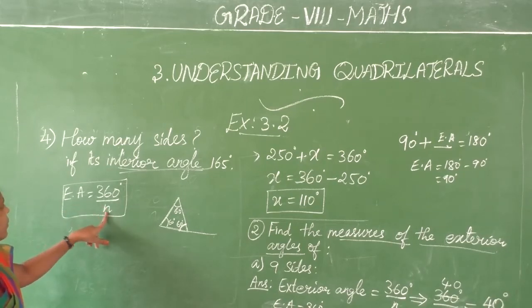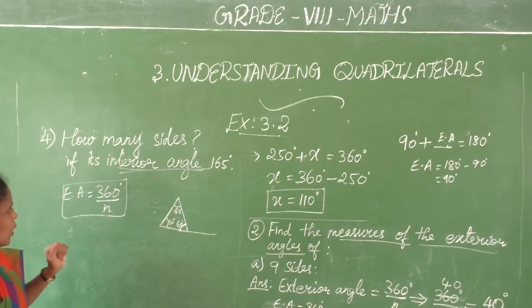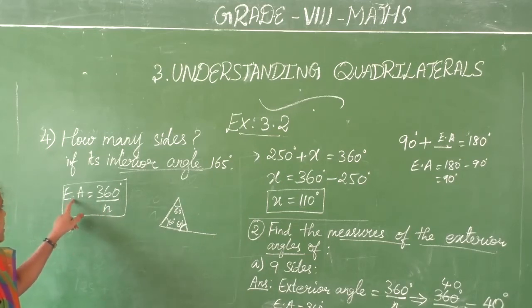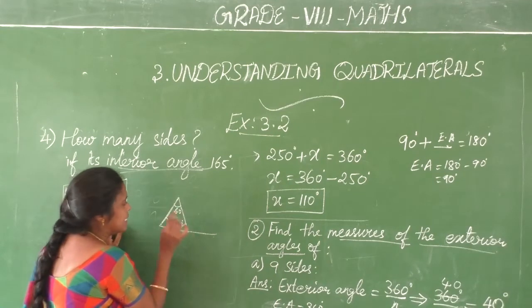Clear? So here in our question, they gave the interior angle. So how do you find the number of sides? First of all, before finding the number of sides, we must have the exterior angle of the particular polygon. Okay, how to find the exterior angle? Using that interior angle.